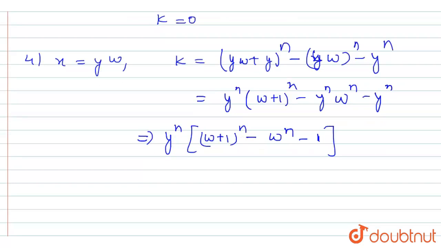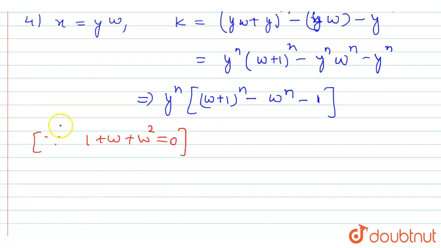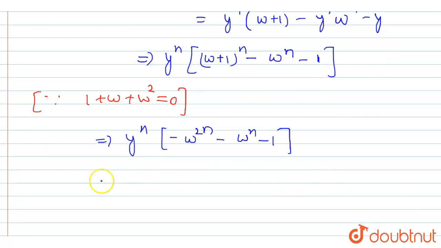Since we know that 1 plus omega square is 0, from here we can write the value of 1 plus omega as minus omega square, so it is y to the power n, (minus omega square) to the power n, minus omega to the power n, minus 1. On taking negative common, y to the power n, omega 2n minus omega n and minus 1.